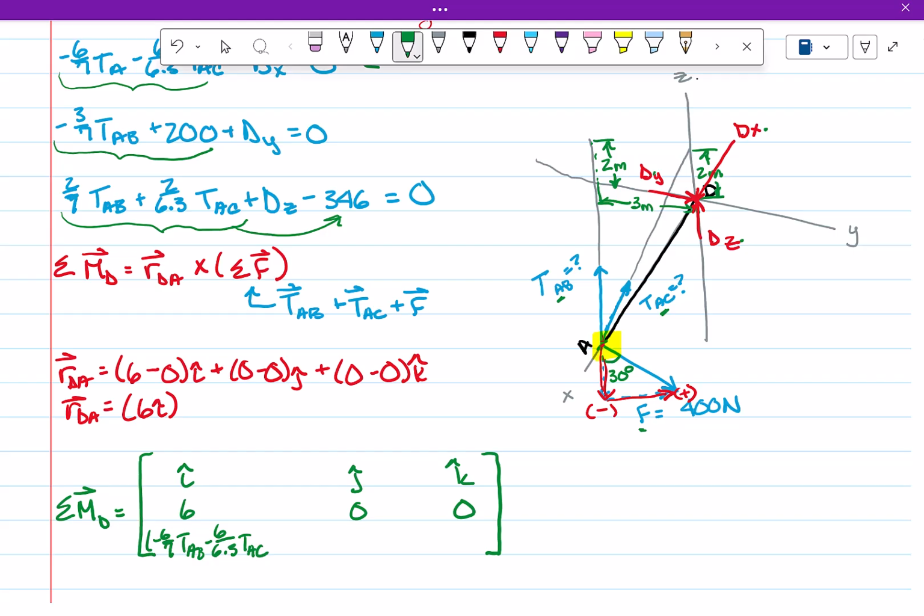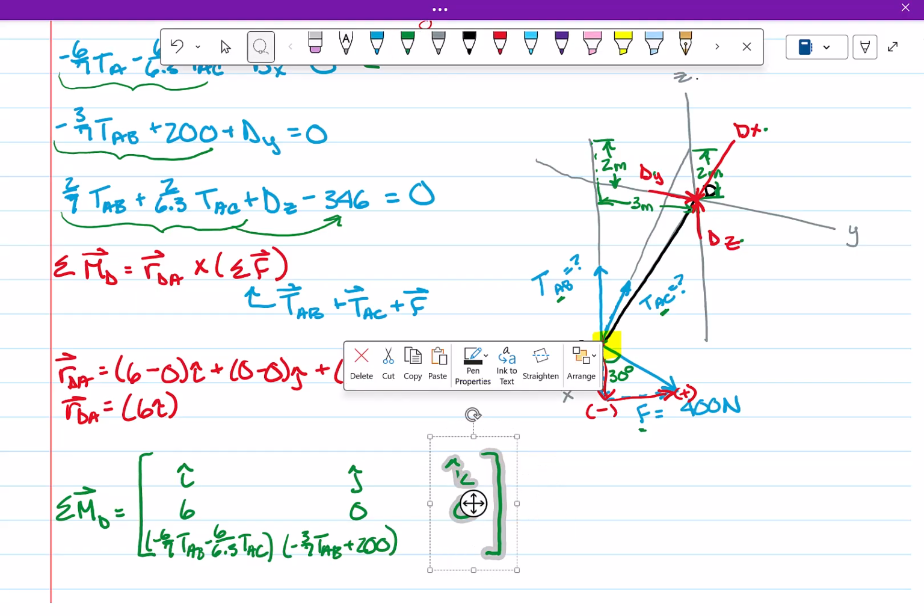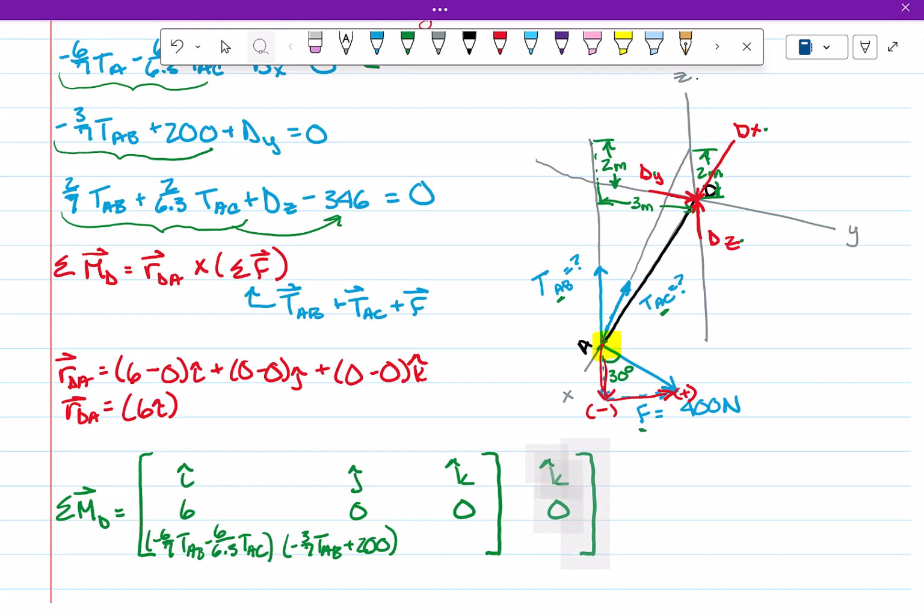And once again, looks like we won't have room for our K component, so let's move that over here. For our k component, we have 2/7 TAB plus 2/6.3 TAC minus 346.4. That is our k component.